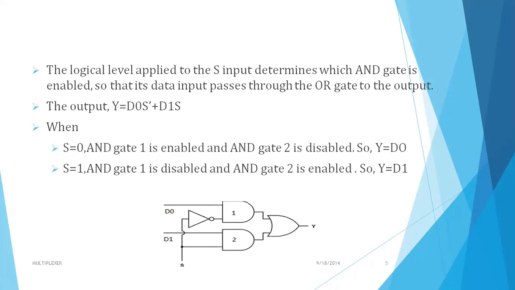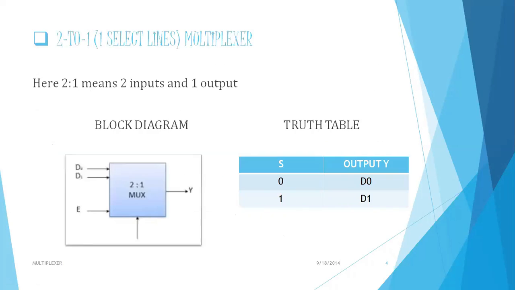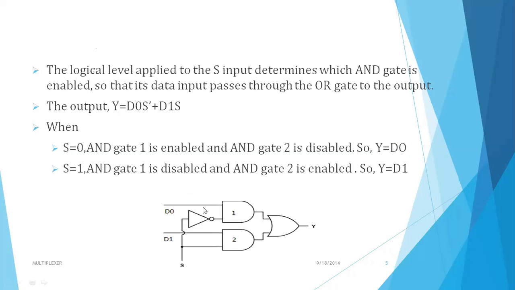This is the D0 value and this one is the D1 value. And this is the output value.